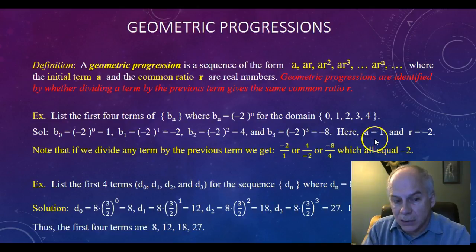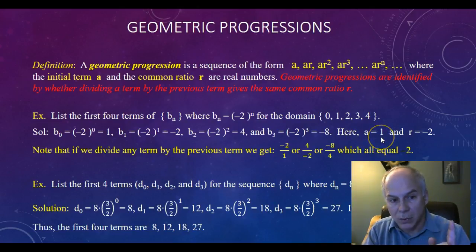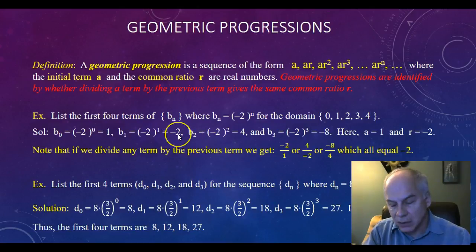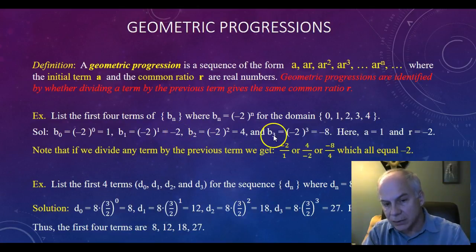Now, you'll notice that the first term was 1. b0 is 1. So in terms of these a and r parameters, a is the first term or initial term, which is 1. And you'll notice that if we multiply by negative 2 every time, we get the next term. Because the first term was 1, the second term was negative 2, so we multiplied 1 times negative 2 and got negative 2.